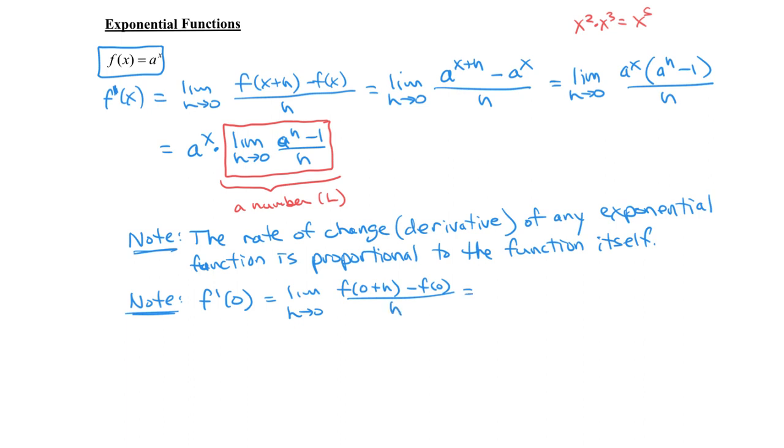So for our function, we get the limit as h approaches 0 of a to the 0 plus h minus a to the 0 all over h. And this is equal to the limit as h approaches 0 of a to the h minus 1 all over h. Right, because a to the 0 plus h is just a to the h, and a to the 0 is just 1. And so if you notice, we got this same thing back again.